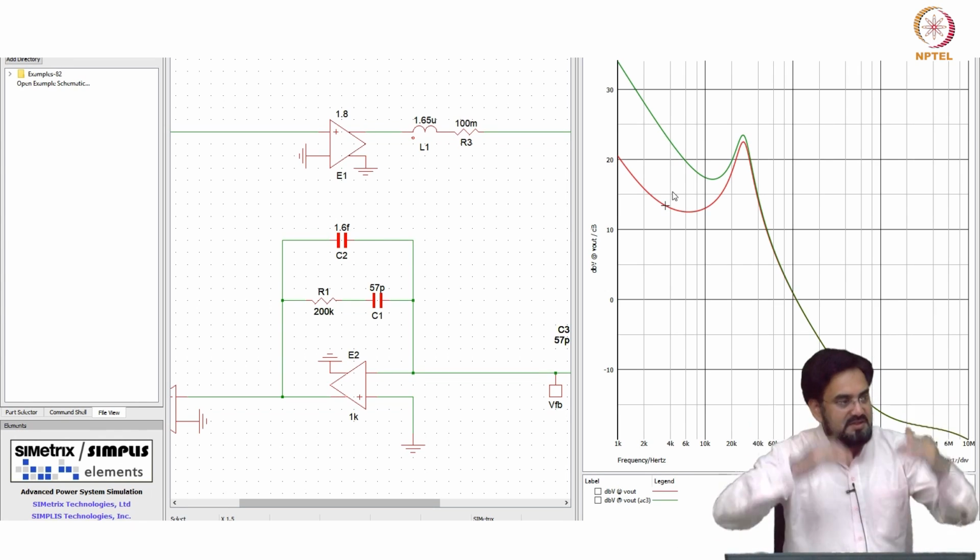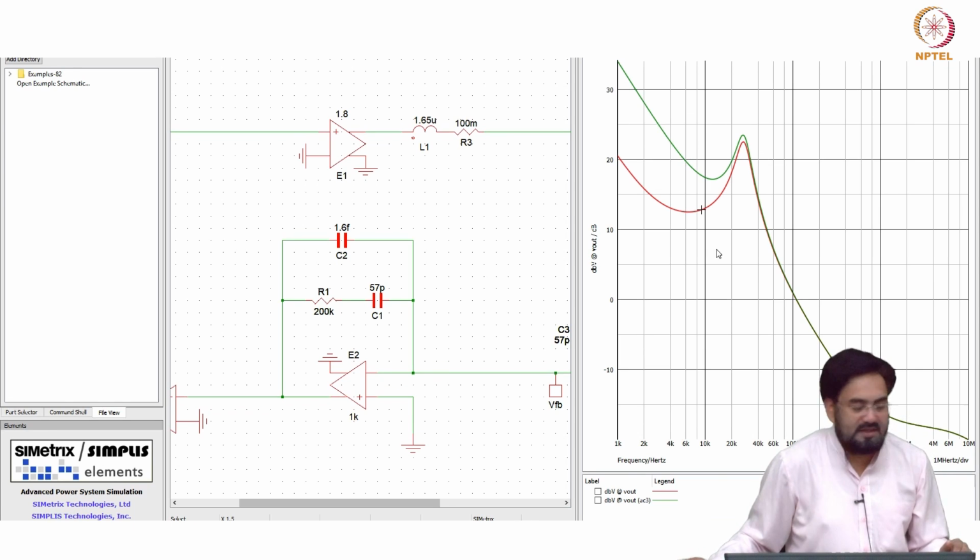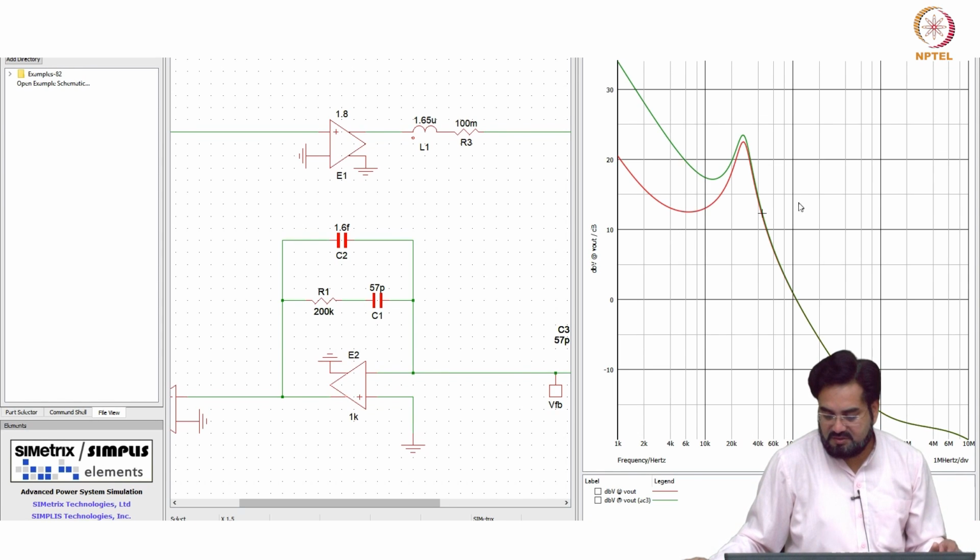The whole curve is shifted down before you place the omega Z, or the first 0. But here if you see 0 dB, it remains the same, and your phase margin should also be roughly the same, okay.